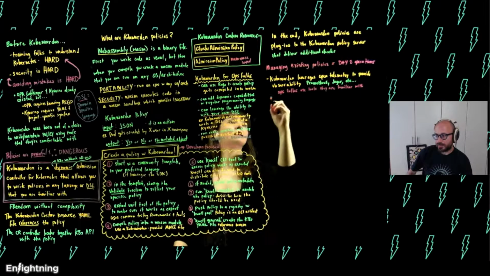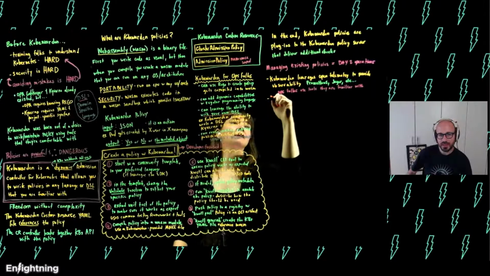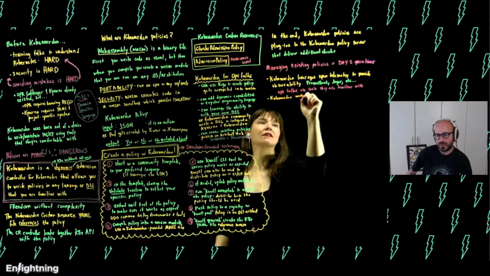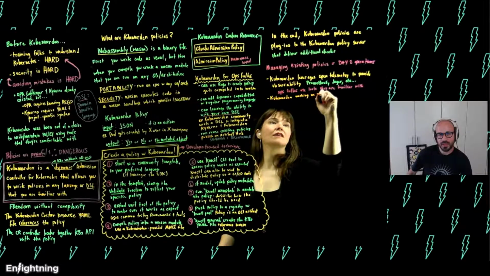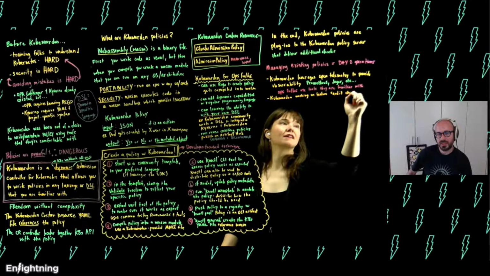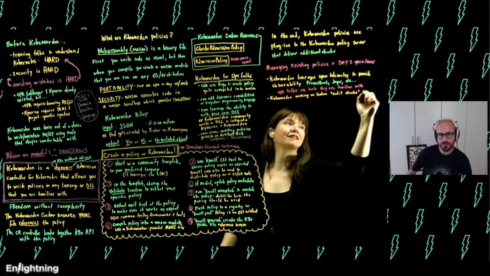On top of that, we are working on a feature. It's not yet there, but it's going to be inside our next release, which is called audit checks. The idea is to regularly scan the resources that are already inside your cluster and identify the ones that are no longer compliant with the policies that you have deployed.